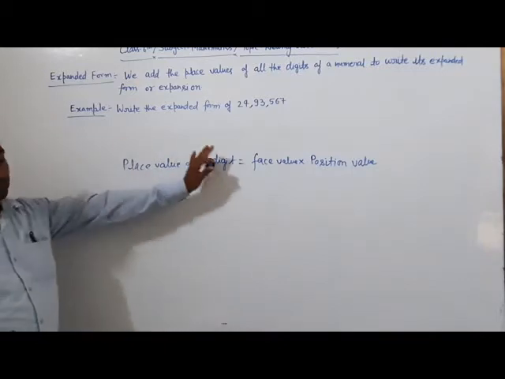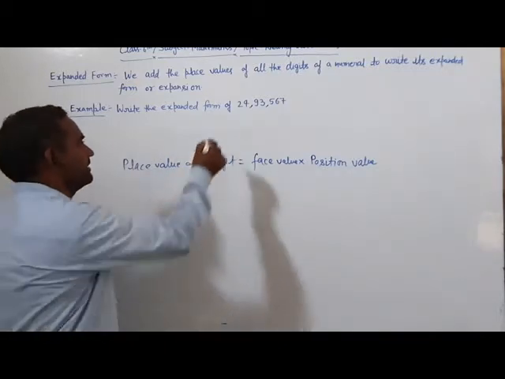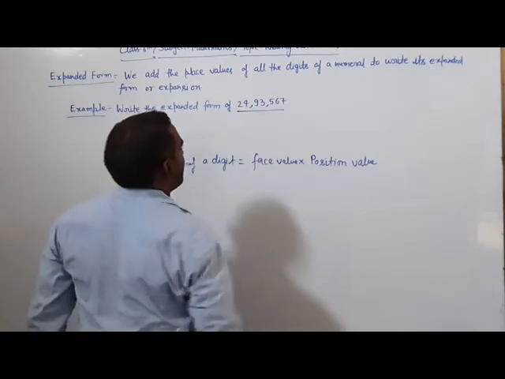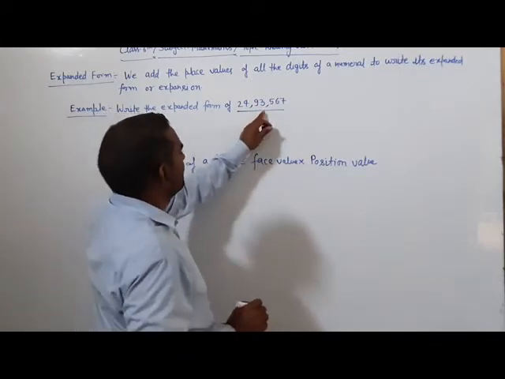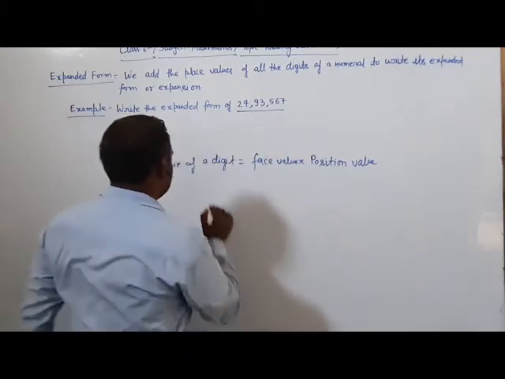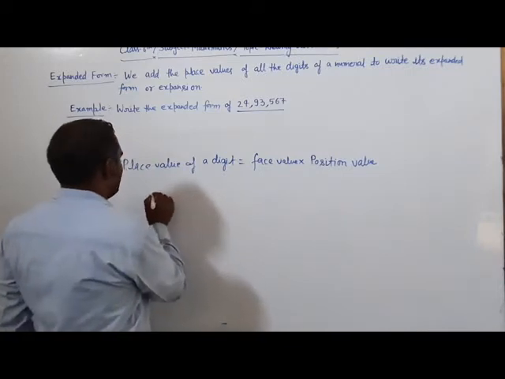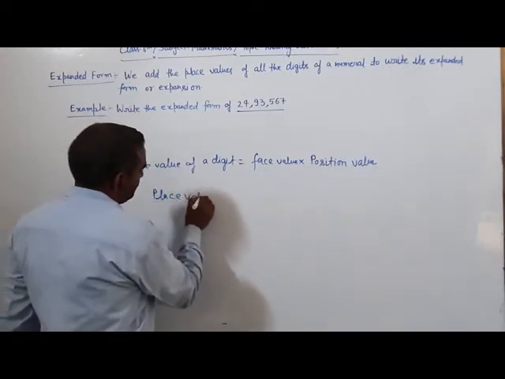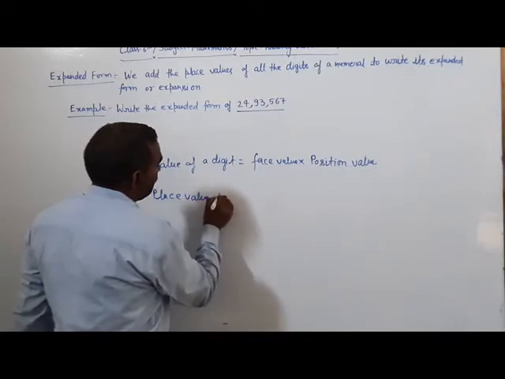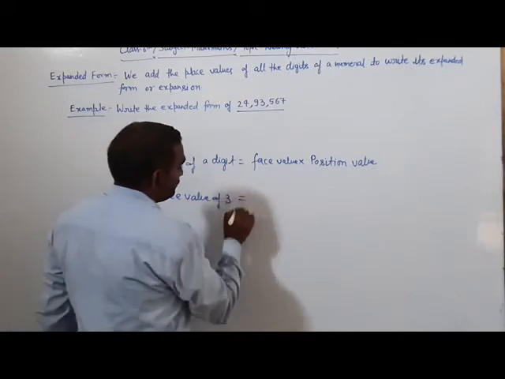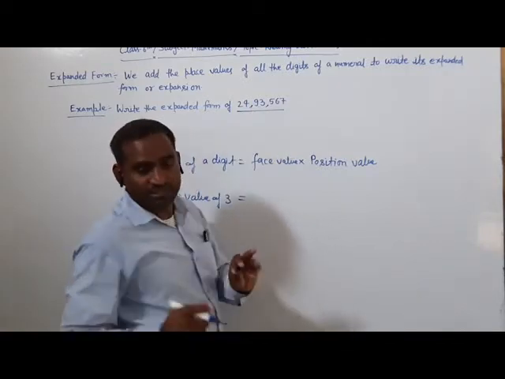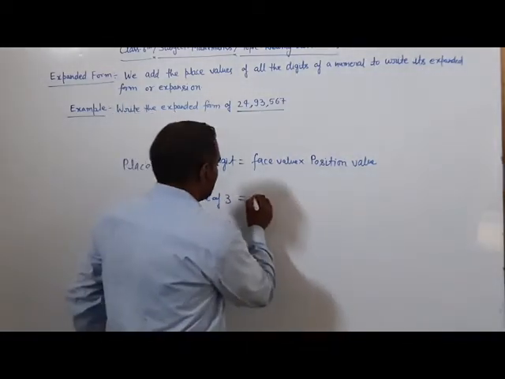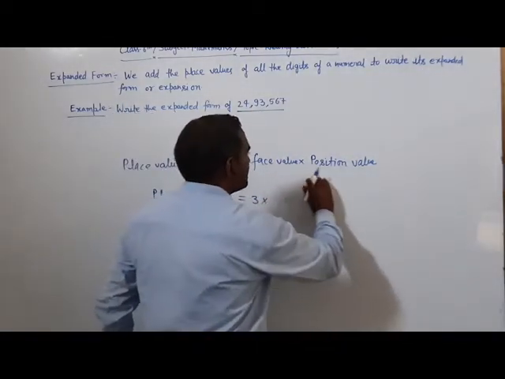How to get it? For example, this is a numeral and you have to find the place value of 3. So place value of 3 is equal to face value, which is 3, into position value.